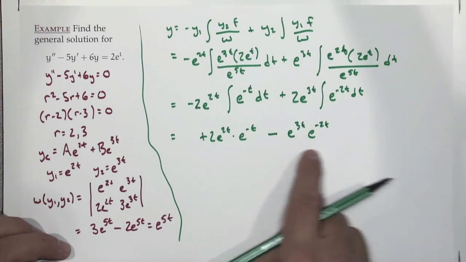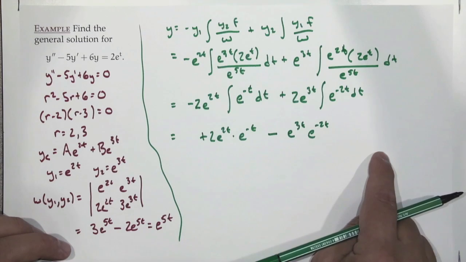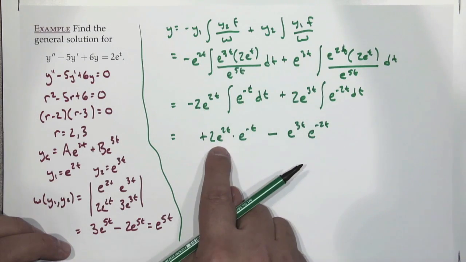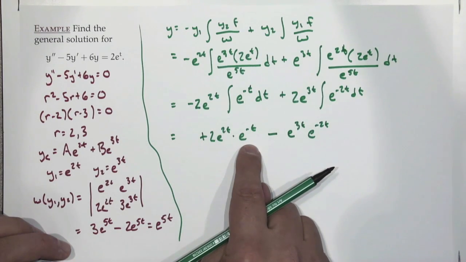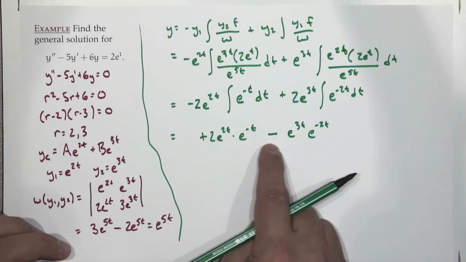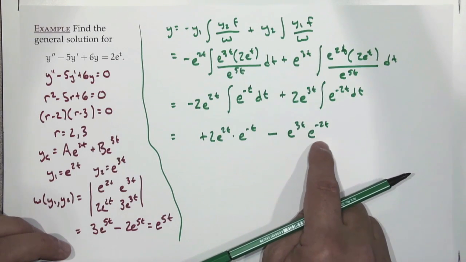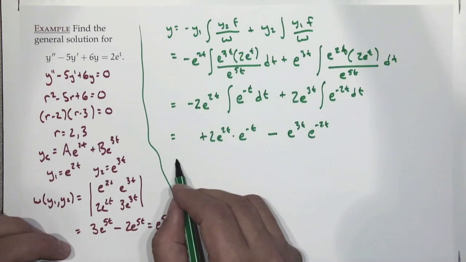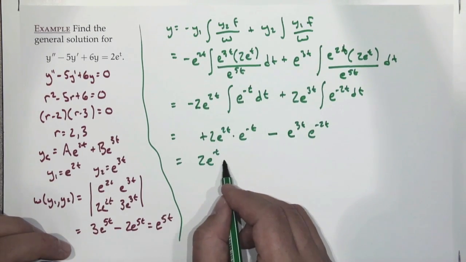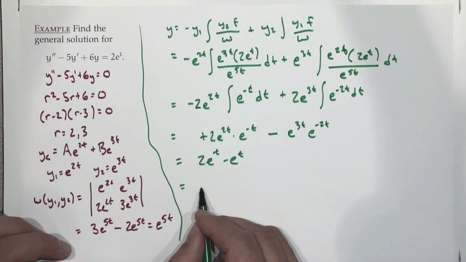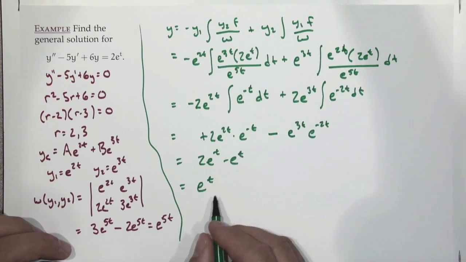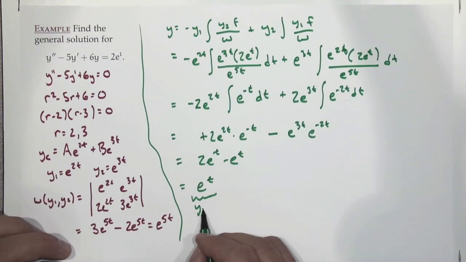If you're looking for just a particular solution, you don't need the plus C's. So here I'm just doing the particular solution. e to the 2t times e to the minus t is e to the t. e to the 3t, e to the minus 2t is e to the t. So that's 2e to the t, subtract e to the t, giving us e to the t. So this is the particular solution.